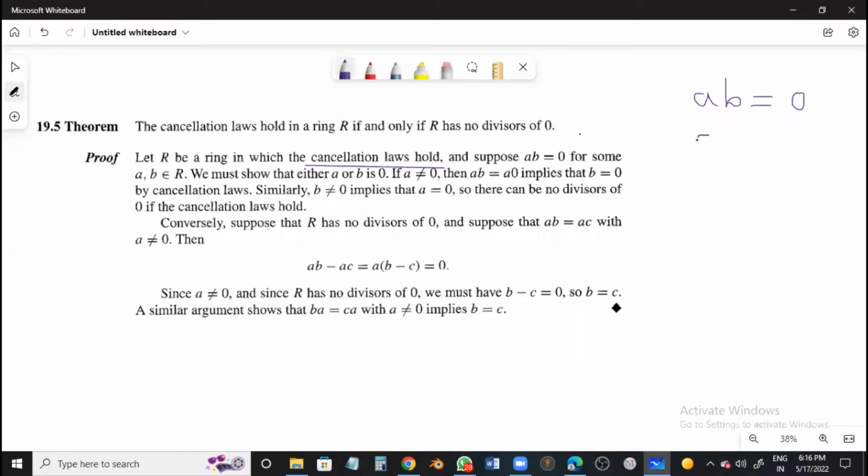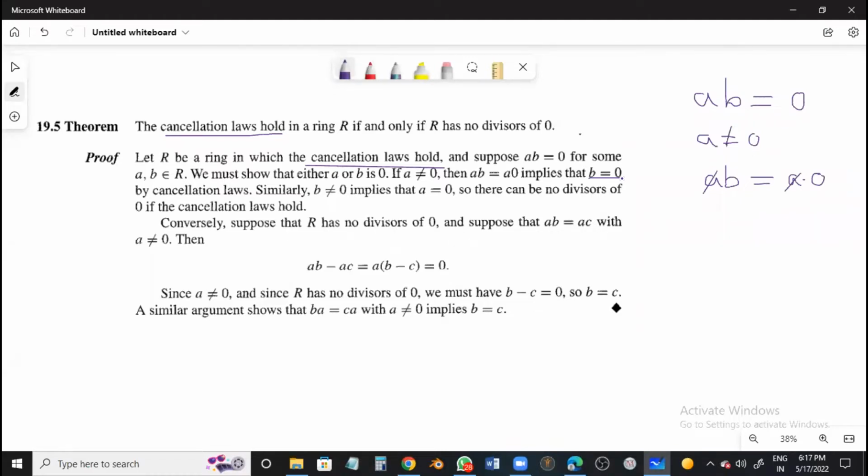Now, if A is non-zero, then what will happen? I can say that A into B is equal to A into 0, because 0 multiplied by any number is 0, that we know. So A into B is equal to A into 0. So what will this mean? Cancellation laws are holding. Cancellation laws are true. So A gets cancelled on the left side and you get automatically B equal to 0. Now B is 0 means what?